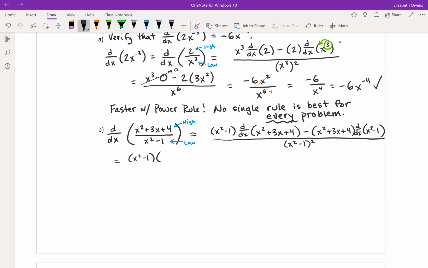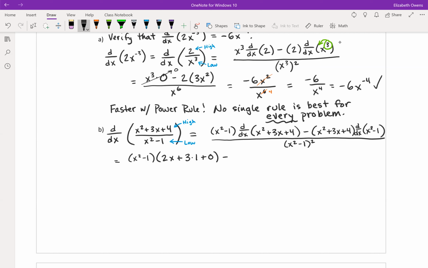We're using power rule on this, so bring down your 2x to the first power, plus 3 times the derivative of x, which is just 1. We did that back on the very first page of these notes, back in video 1 of this section. Okay, so 3 times 1, and then plus the derivative of a constant, which is 0.